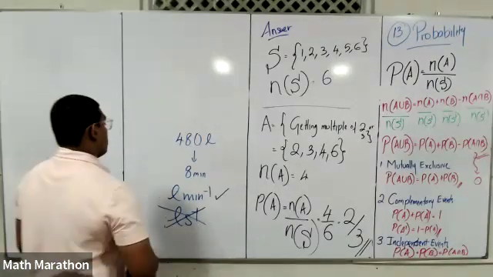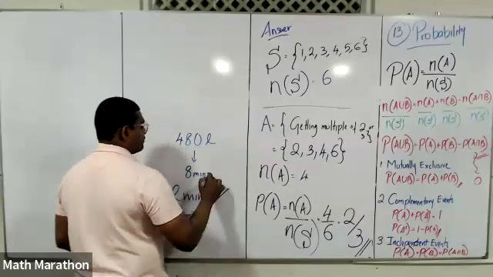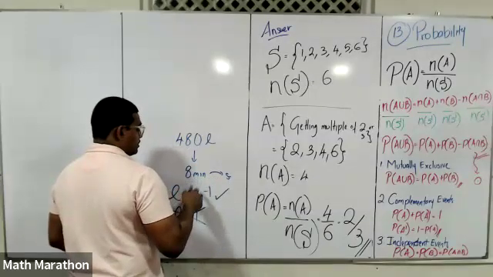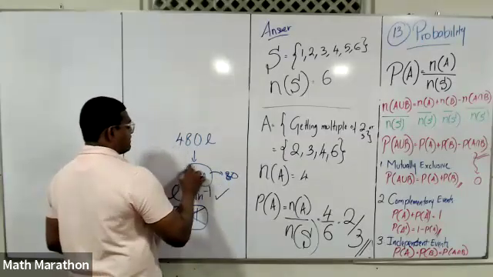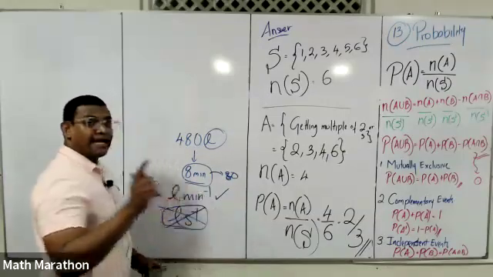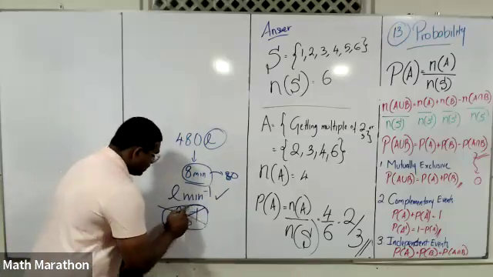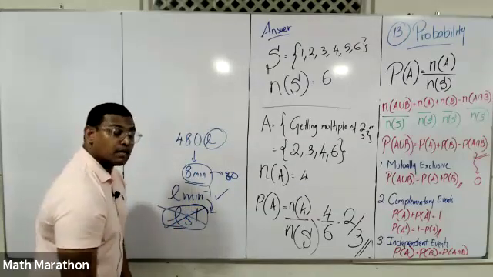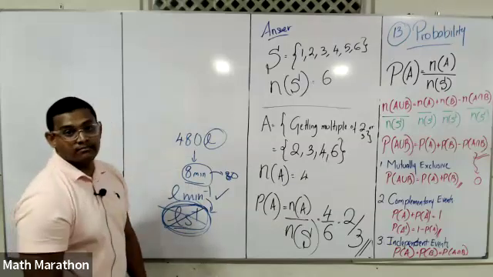But if they ask you to write in liters per second, then you have to convert this to seconds and write it. Don't convert to seconds if the question is given in minutes and liters, because the answer might not be there in their marking scheme.